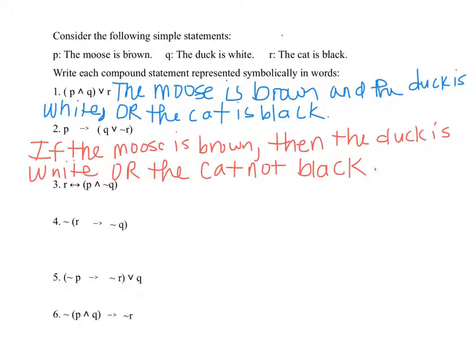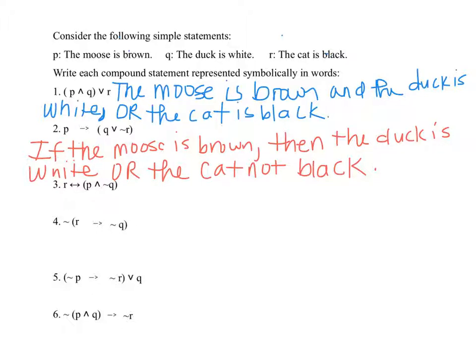All right, what about number 3? Let's look at number 3. I'm doing these in different colors so the words don't get mixed up. This statement will be an if and only if statement because I have the double arrow.